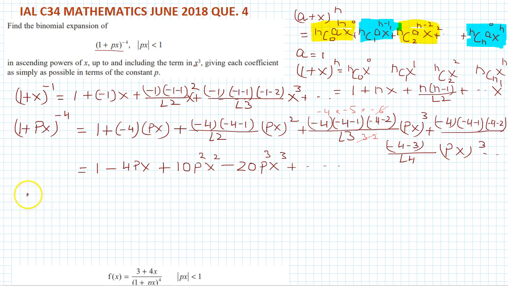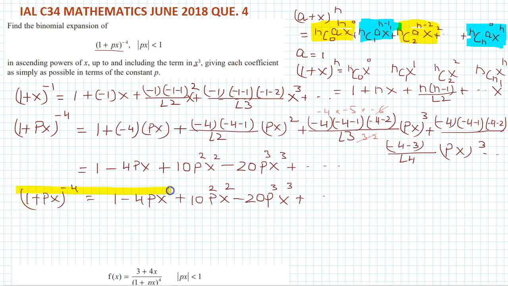So we can write (1 + px) to the power minus 4 as equal to 1 minus 4px plus 10p squared x squared minus 20p cubed x cubed plus. That is the expansion, and that is the solution for part A.